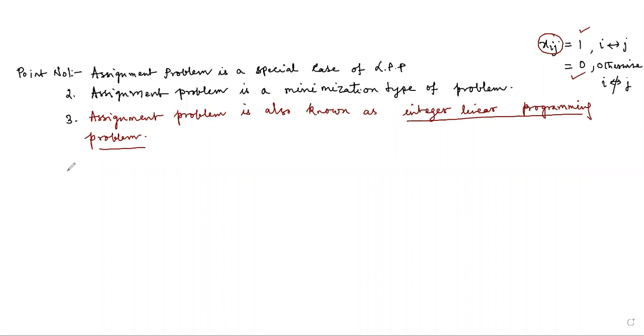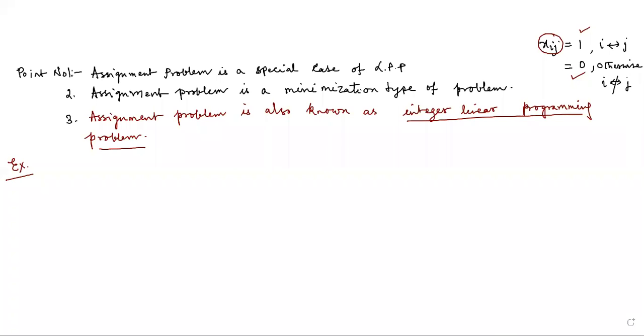There are some other points in the Hungarian method which need to be applied when, after step 3, the optimum solution is not reached. Today I'm going to explain that, for which I'm going to take an example.